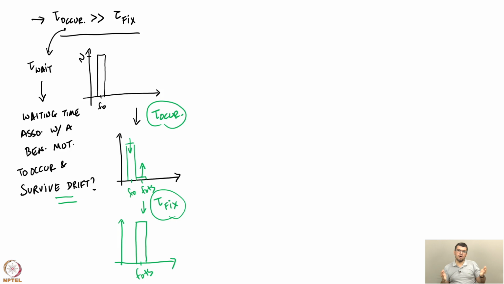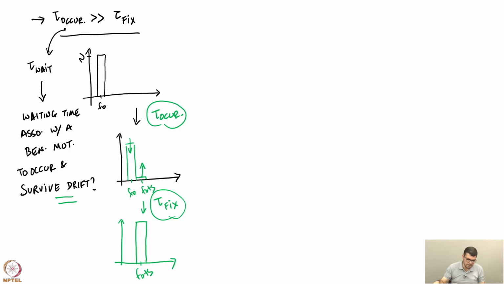But that has taken a long time, because that is the meaning of tau occurrence being very high. Once this new beneficial mutation has occurred, tau fix is relatively small. As a result, it will go towards fixation really fast, and we will reach this third stage where fixation has happened fairly quickly.